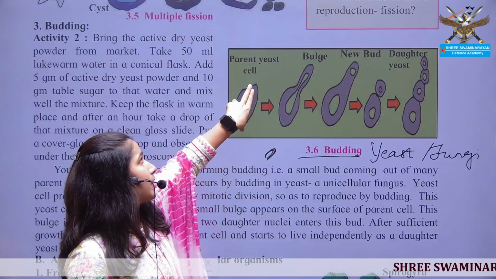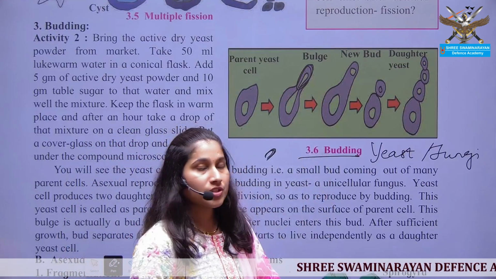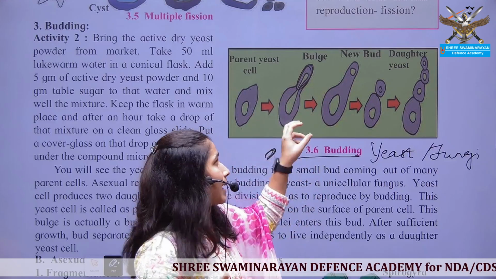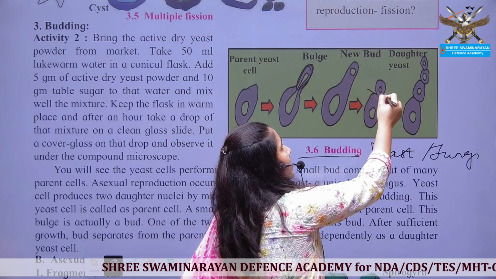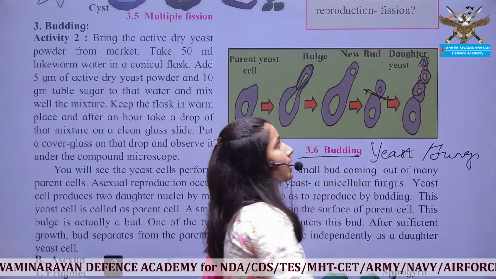Similarly, within the parent yeast cell, there is a small bulge, and this small bulging increases, and then finally it separates from its parent, and you get the daughter yeast cell.